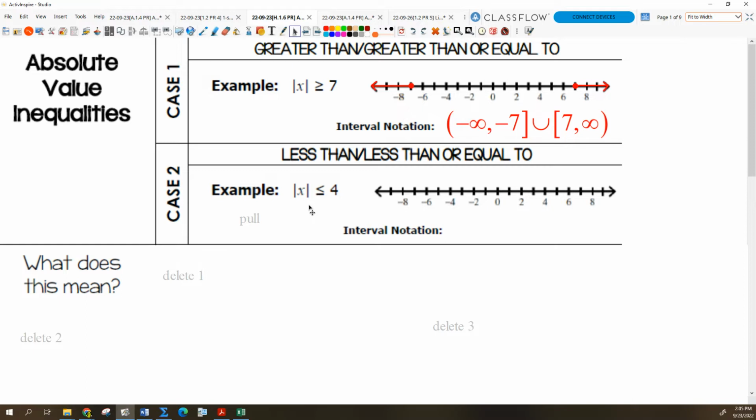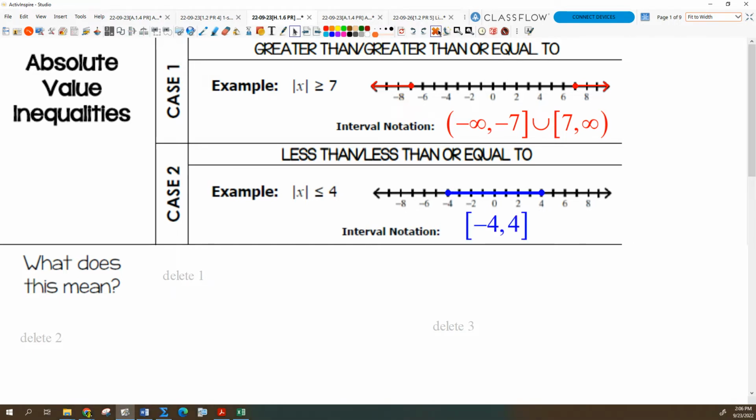What if we have the absolute value of x is less than or equal to 4? What's it going to look like? There you go. Two endpoints and everything in between. How come? Because now we're saying we want the absolute value of x to be smaller than some value.